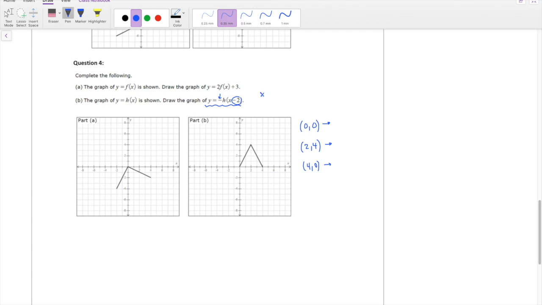So for the x values, I'm going to add 2 to all of those. And then the y values, I'm just going to change the sign. And then that'll do it. All right, so I'm just going to make my little points. Okay, so add 2 to the x's.